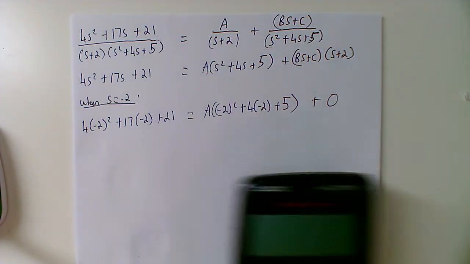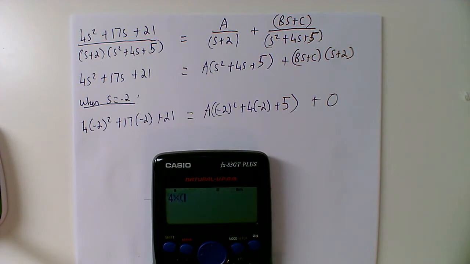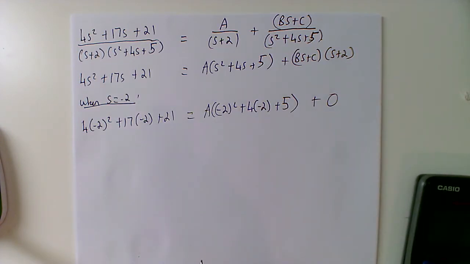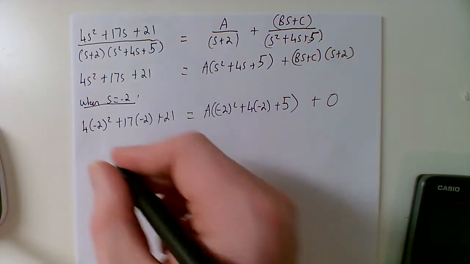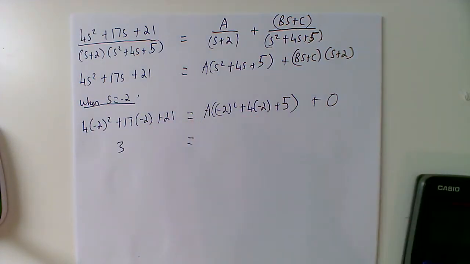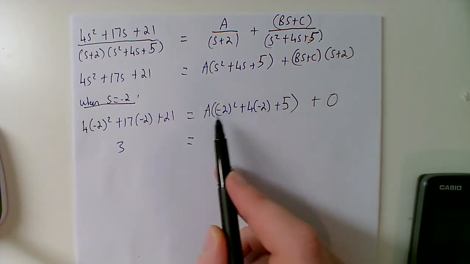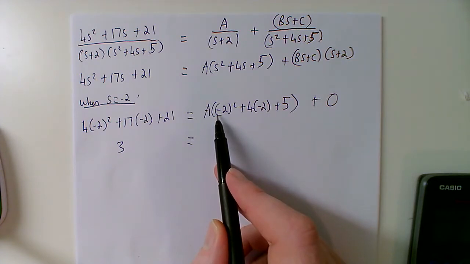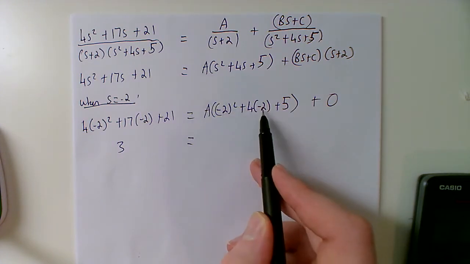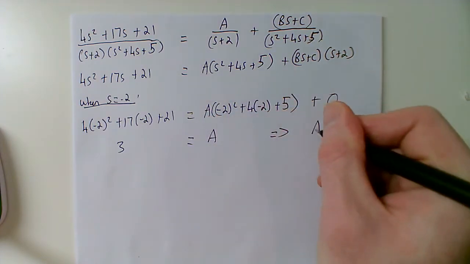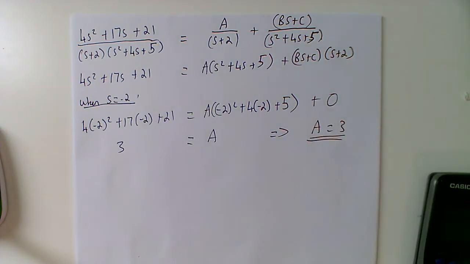Okay. Can I get that to be 3? Okay, this here, that's 16, subtract 34, plus 21 is 3, and on the other side, 4, subtract 8, plus 5 is 1, so it's A. So A equals 3 is what I'm looking for.